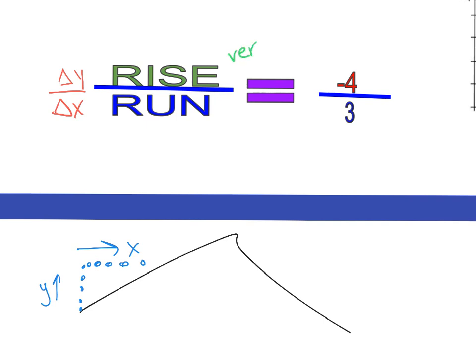So it's vertical change over horizontal change. This is very important that you understand, because a point is x comma y. So you will often make the mistake of thinking that it's change of x over change of y, and it's not. It's change of y over change of x.